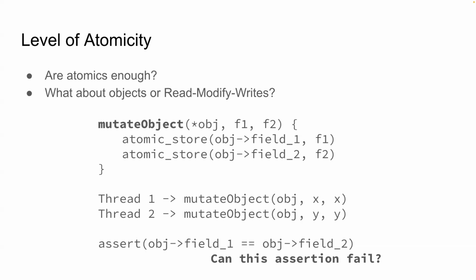If thread 1 finishes first, then both fields are x, x. If thread 2 runs after that, it's y, y. So depending on who finishes last, you would expect the values of the fields of that object to be those of the thread that finished last, right? But would you expect it to be mixed up? Like the first field is x and the second field is y. Is it possible?